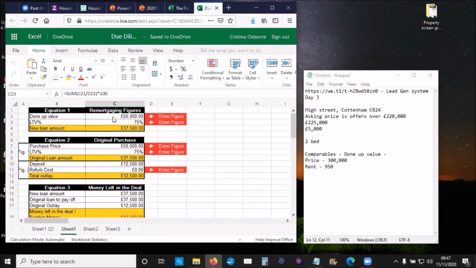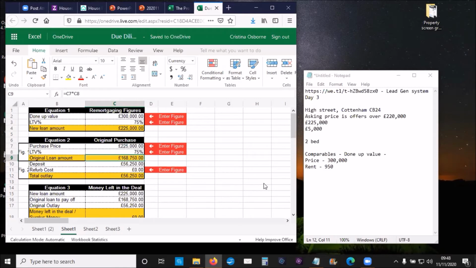So we've got here the done-up valuation of 300,000. It will automatically calculate that if I assume, and it's okay for you to assume, that the loan to value is at 75%. The purchase price we have here is 225,000.